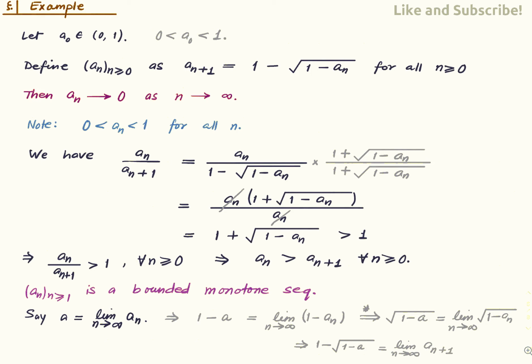But what is that? And now here is a small thing. It's a very, very basic thing. Suppose the limit of some sequence is x. Then the limit of the shifted sequence is also x. It's a very, very obvious and trivial fact.